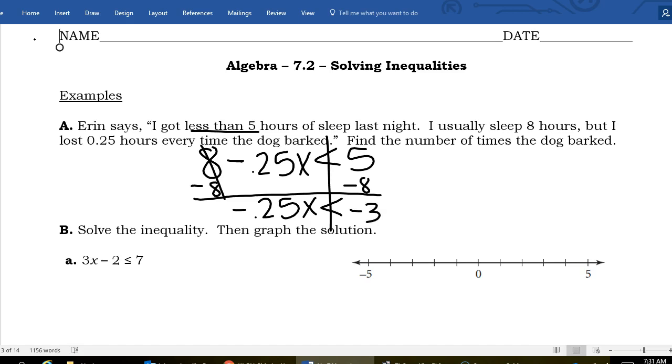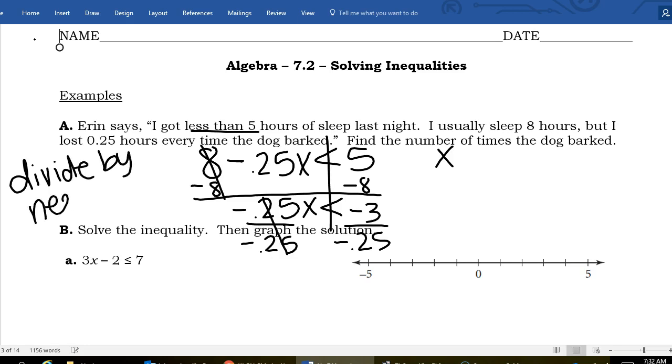Now the second step in solving an inequality would be to divide by the slope. This is going to be the same thing, but there is a little twist. So I'm going to divide by negative 1/4. That's going to eliminate it, the x is still there. What changes, though, is whenever you divide by a negative, your inequality symbol is going to flip.